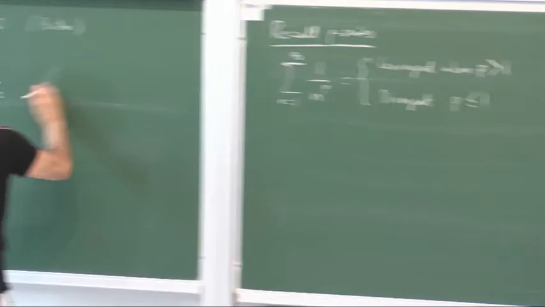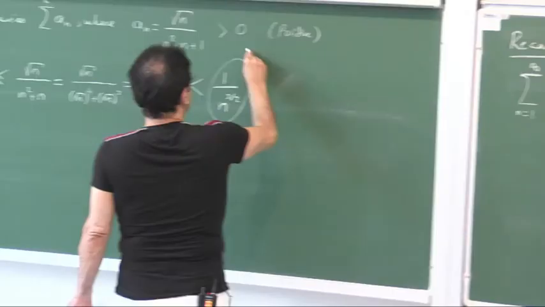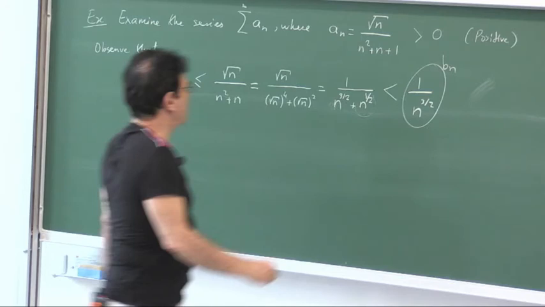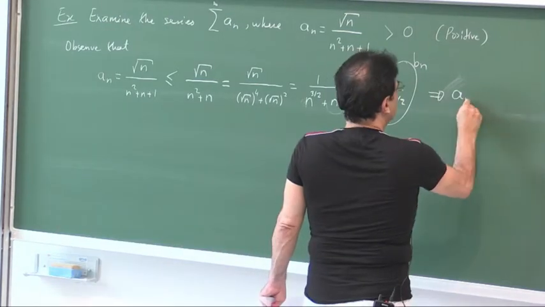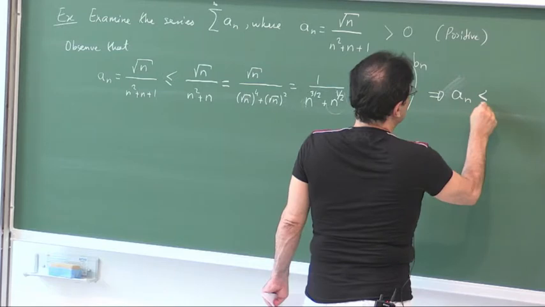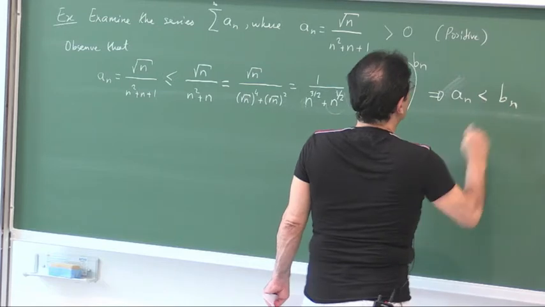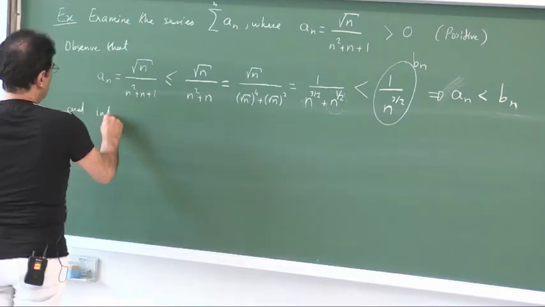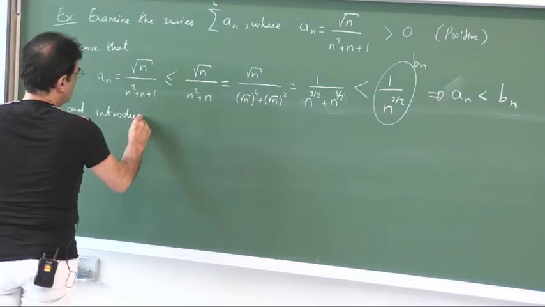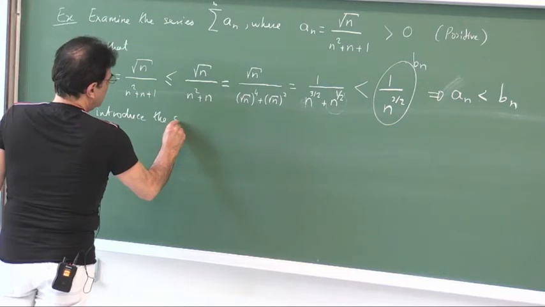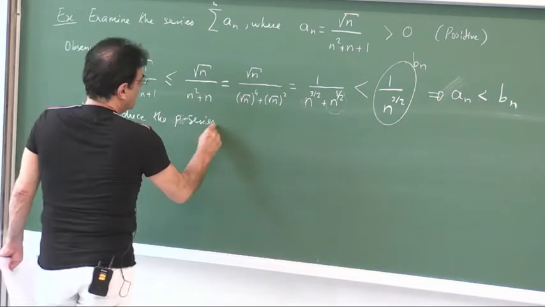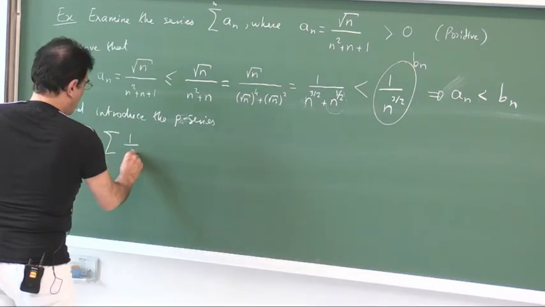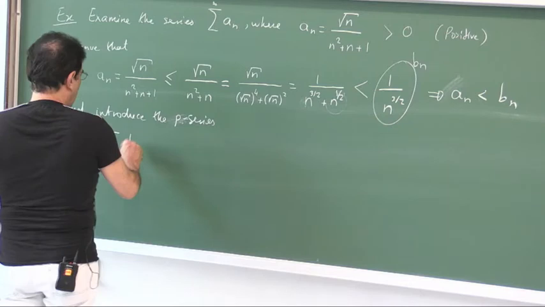Now, let's say this is Bn. We can find a series, and hence An is smaller than Bn. So we introduce the P series, 1 over n to the power 3/2, for comparison.